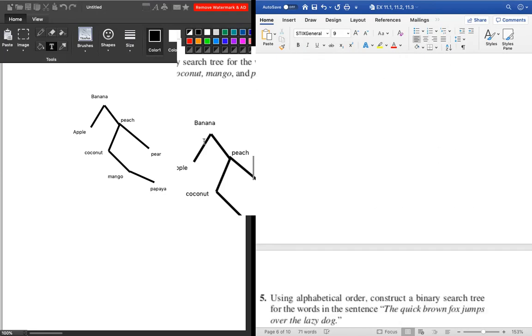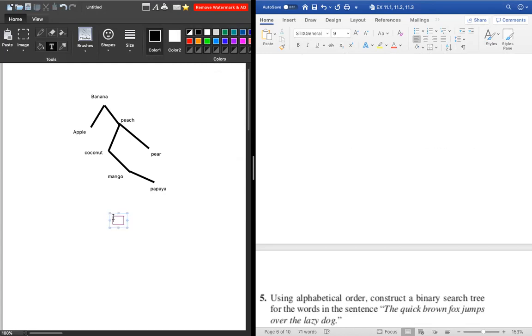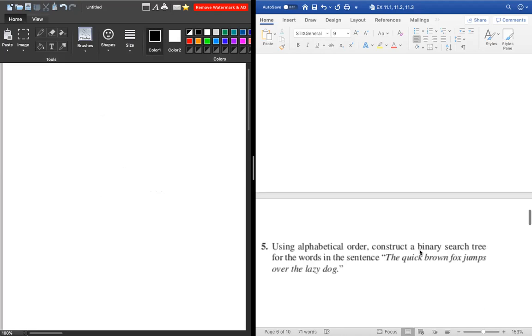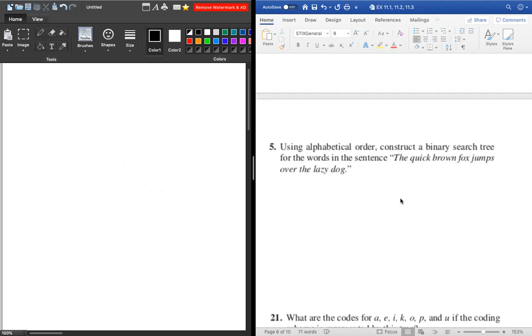So we have to basically construct a binary search tree for the words in the sentence: the quick brown fox jumps over the lazy dog. Now we have to start with the word the.